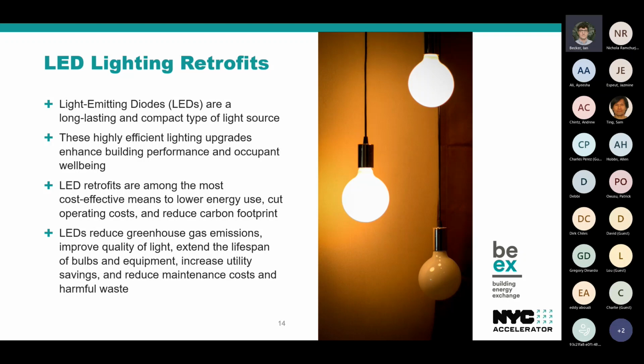This type of lighting reduces the need for reflectors and diffusers while generating very little heat waste. So this retrofit is among the most cost-effective means to lower energy use, cut operating costs, and reduce your building's carbon footprint. LEDs also reduce greenhouse gas emissions by using less electricity. They can improve the quality of light and extend the lifespan of bulbs and other lighting equipment.